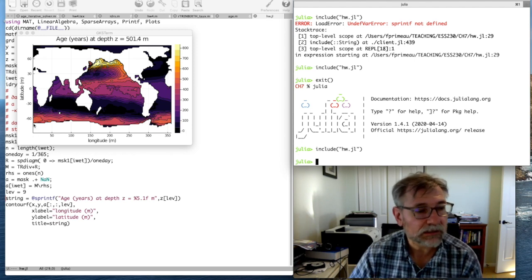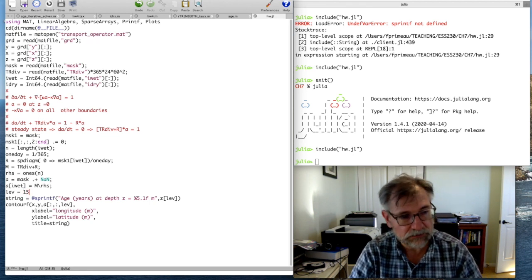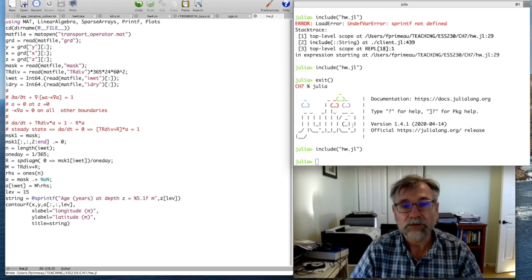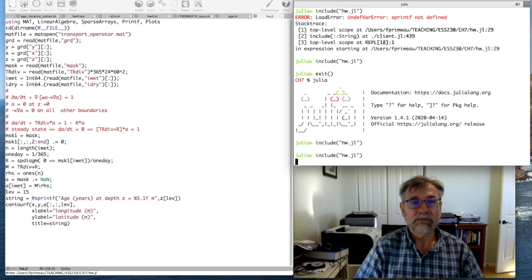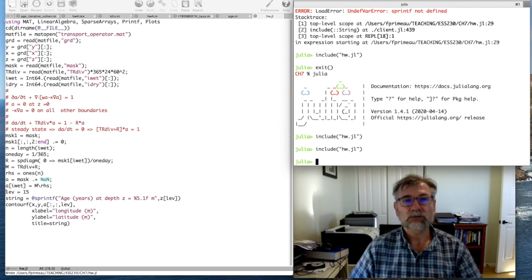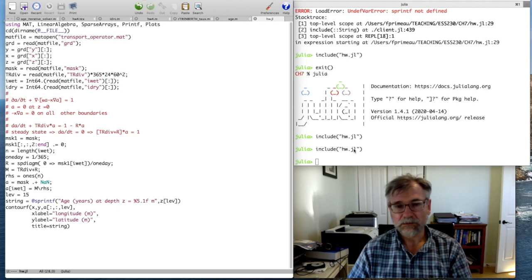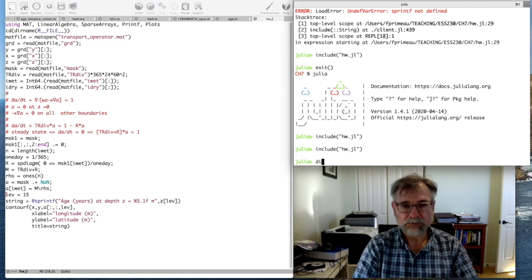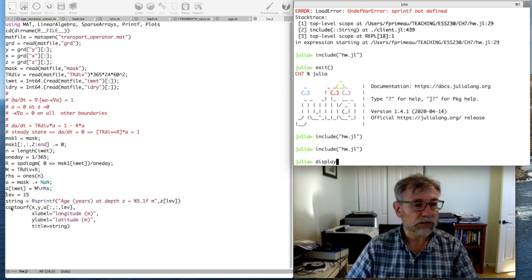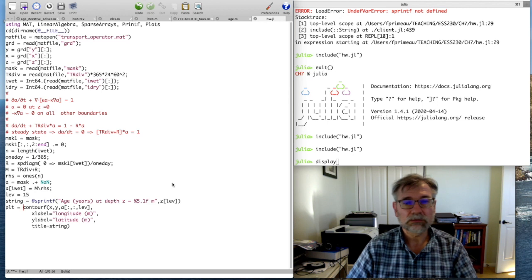We can try it again, picking a different depth. So let's try level 15 and run the script again. Oh, I think I just killed that plot, and I don't think I can bring it back. I don't know why the plot doesn't come back. It's very annoying. Maybe if I do display. Let me try that. PLT is equal to.